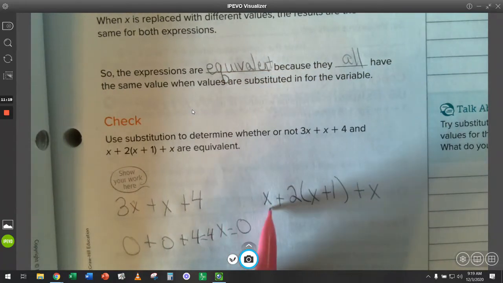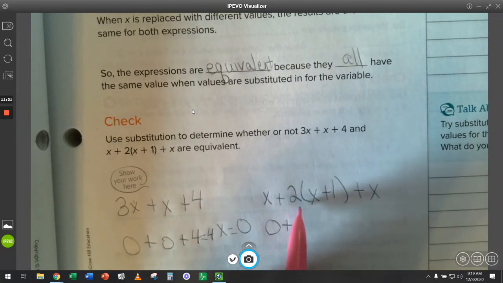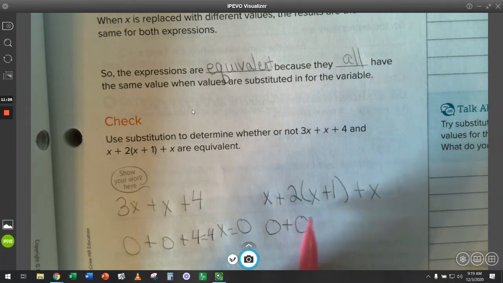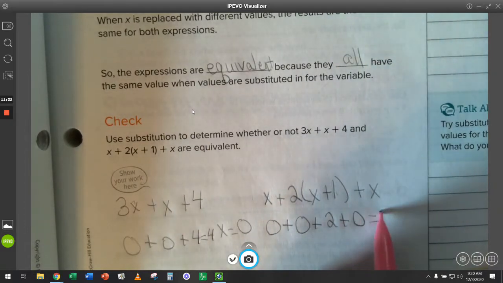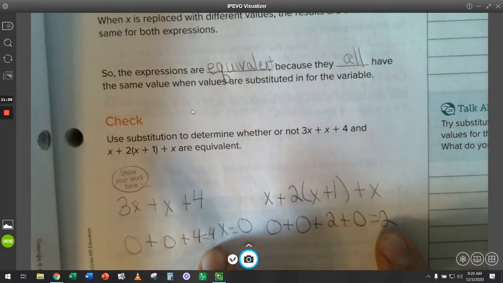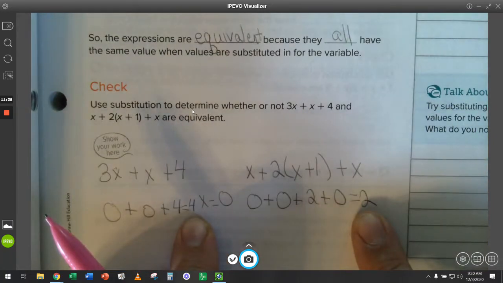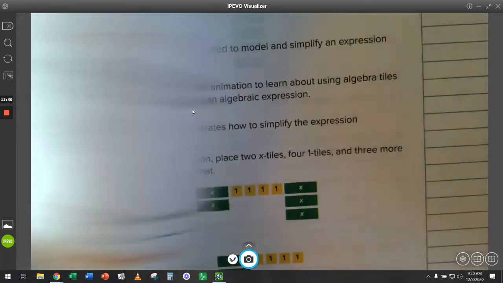Let's do the same thing over here. 0 plus 2 times 0, which would be 0, plus 2 times 1, which is 2, plus 0, is equal to 2. So are these equivalent when we look at the two numbers using substitution? No, these are not equivalent expressions.